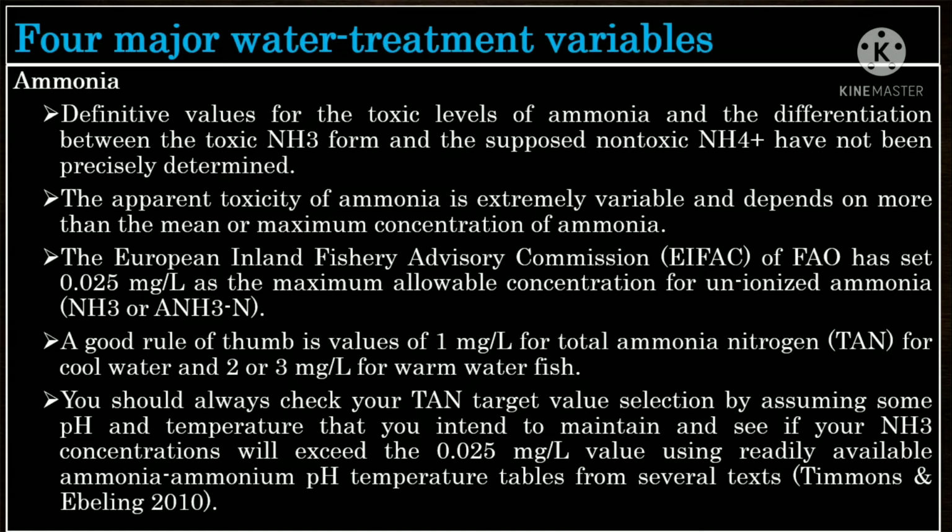The apparent toxicity of ammonia is extremely variable and depends on more than the mean or maximum concentration of the ammonia. A good rule of thumb is a value of 1 milligram per liter of total ammonia nitrogen for cool water, and 2 or 3 milligrams per liter for warm water fish.